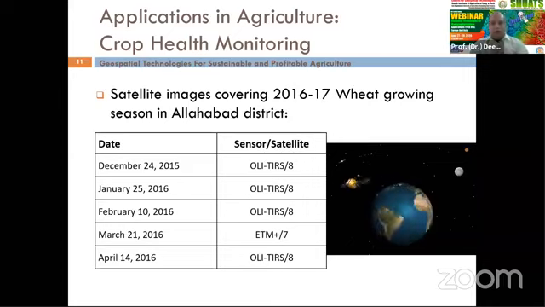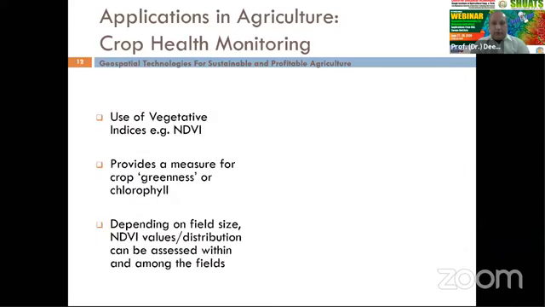To give you an example, what I have done is that I processed satellite images of the entire crop growing season of wheat, from December 2015 to April 2016.